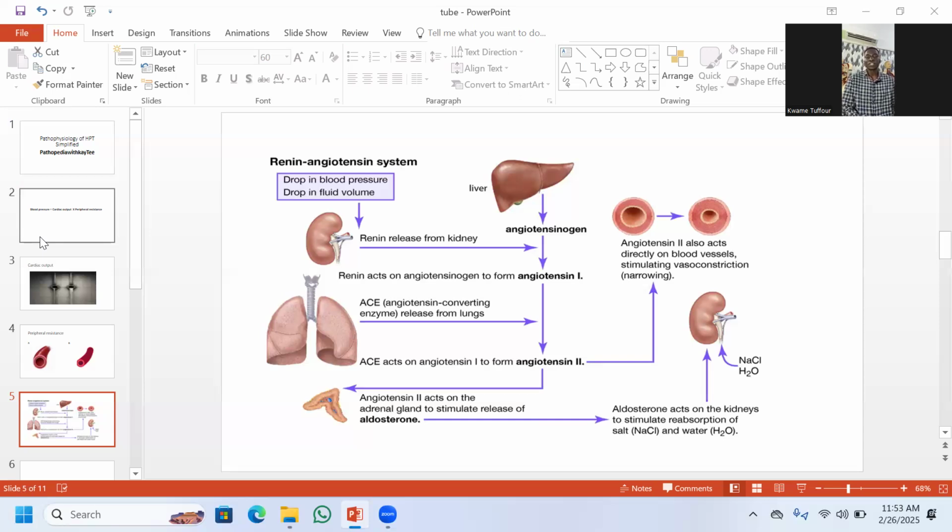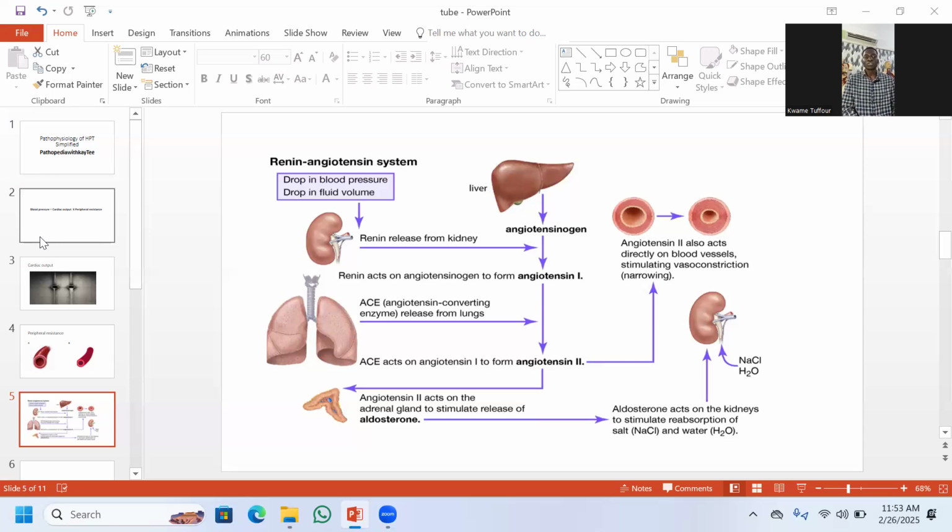A person might have a high blood pressure in the body, but because perhaps there is a partial obstruction in the blood vessels of the kidneys, like the renal artery, assuming there is something like atherosclerosis in the renal artery, whereby blood flow to the kidneys is reduced, the kidneys will assume that because they are receiving less blood, the whole body has a very low blood pressure and volume, and they will activate the system and worsen the high blood pressure.